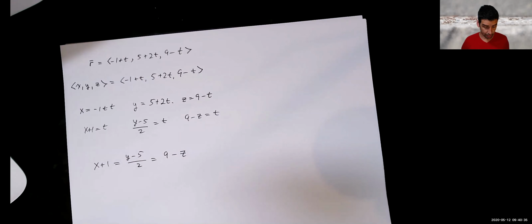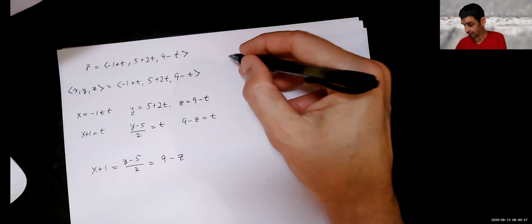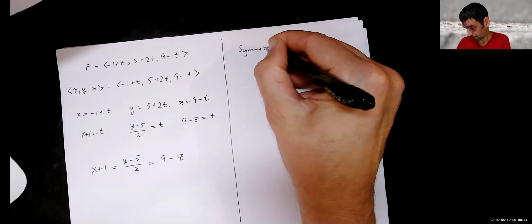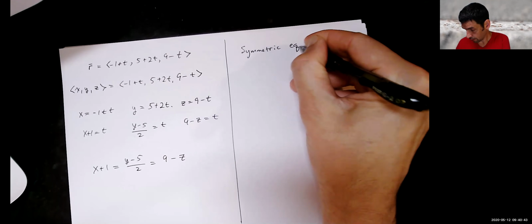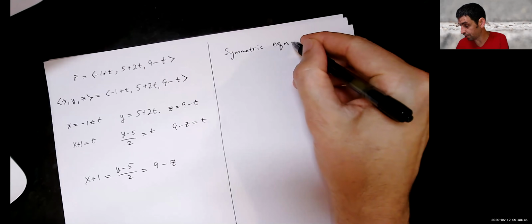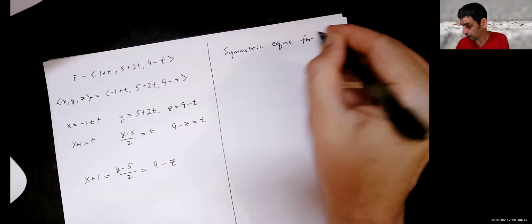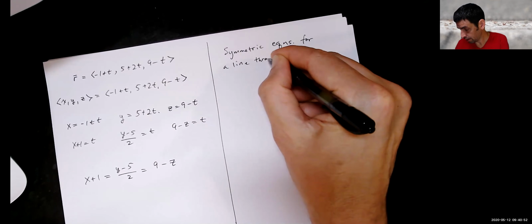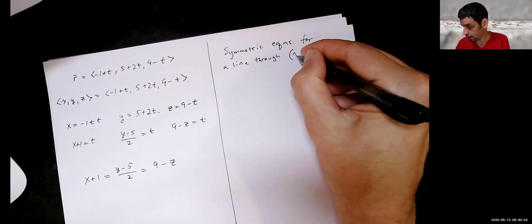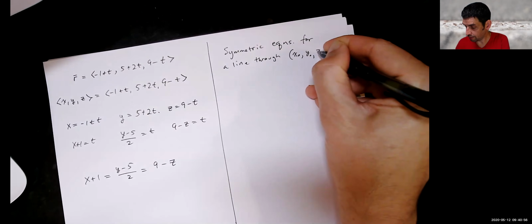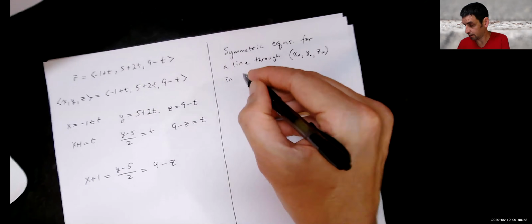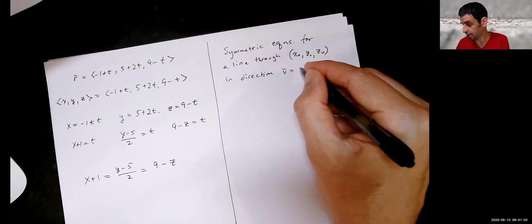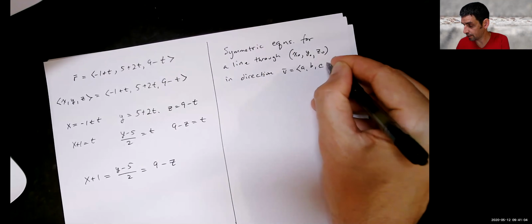Okay, in general, let's say the symmetric equations for a line through x naught, y naught, z naught in direction v equals a, b, c.